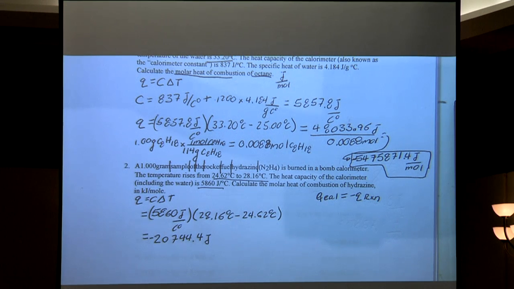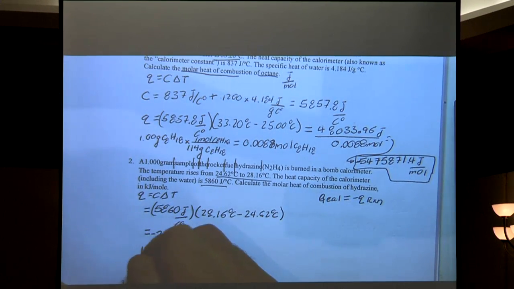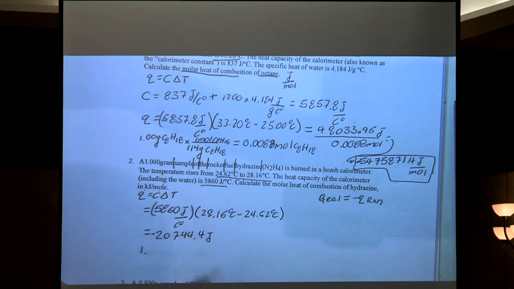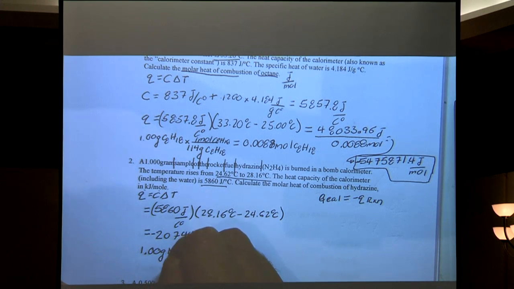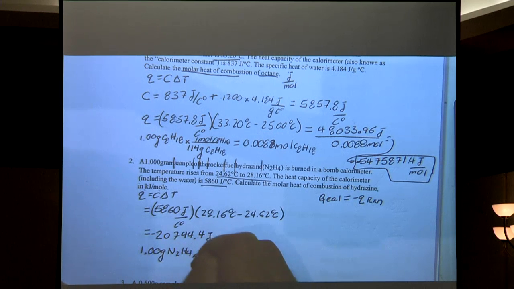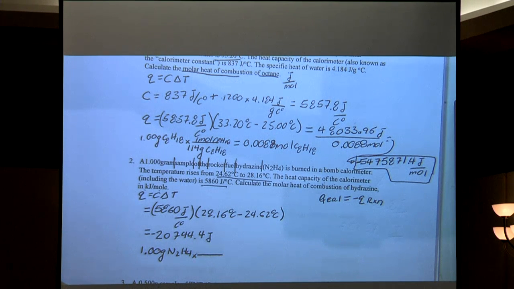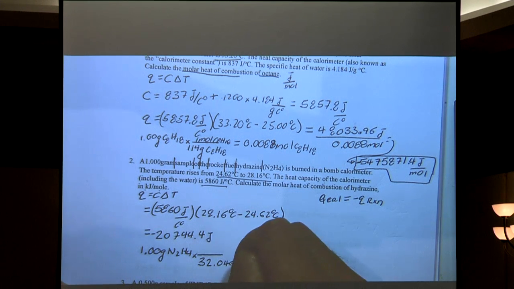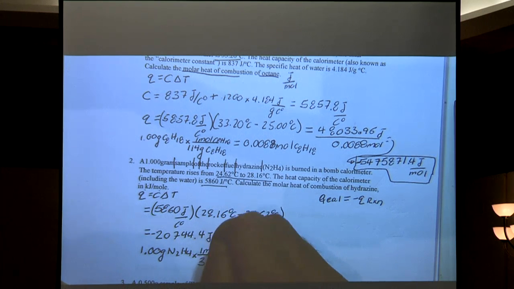So I burned 1 gram of hydrazine, and I'm looking again for the molar heat of combustion in kilojoules per mole. I burned 1.00 grams of N2H4. What's my molar mass of N2H4? 32.046 grams per 1 mole of N2H4.